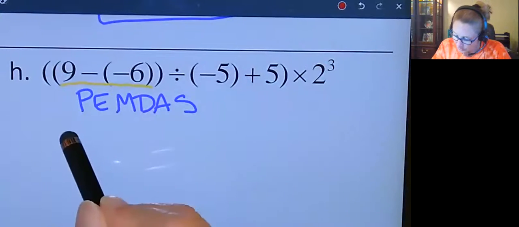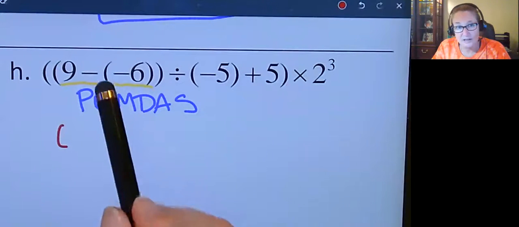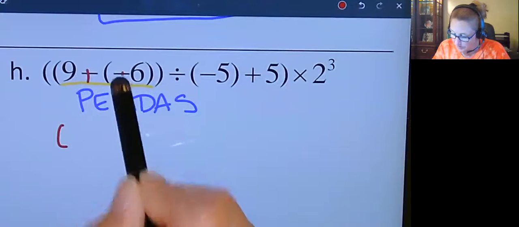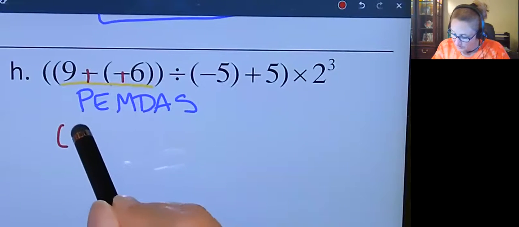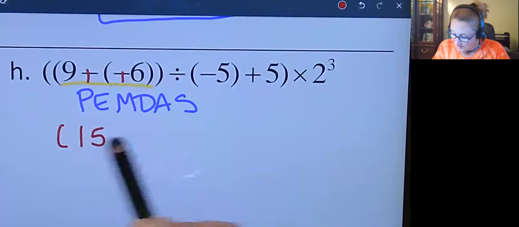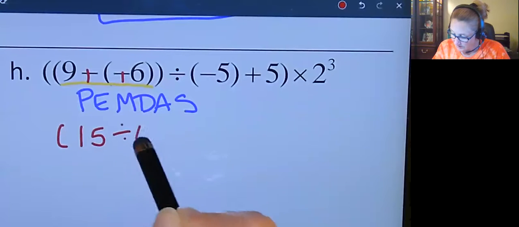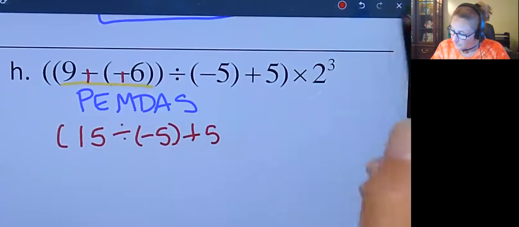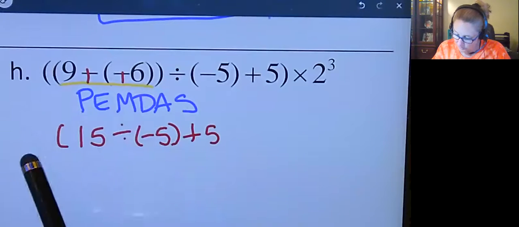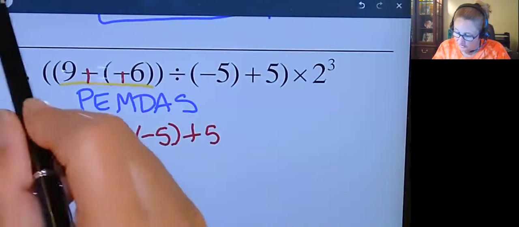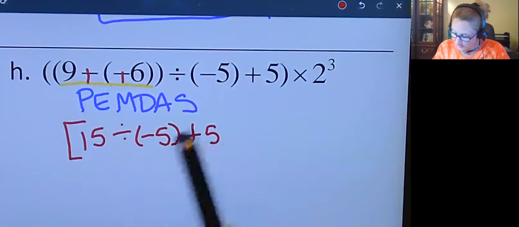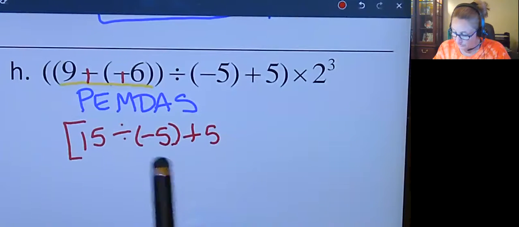Okay, so I'm going to have parenthesis, and when I do 9 minus a negative 6, that's actually going to become plus a positive 6. So that is going to end up being 15 divided by negative 5 plus 5. And instead of writing it like this, I'm going to put a bracket. That way I don't have too many parentheses going on.